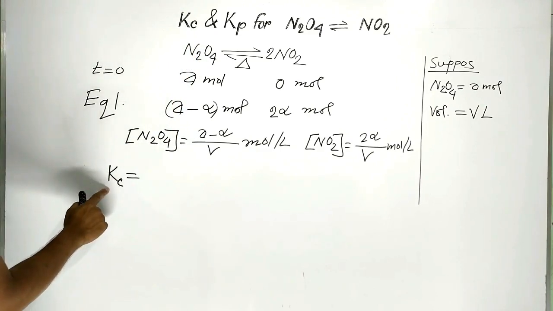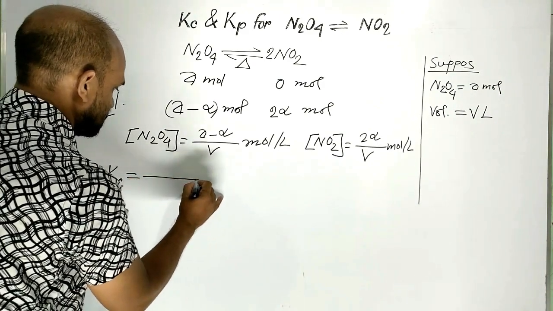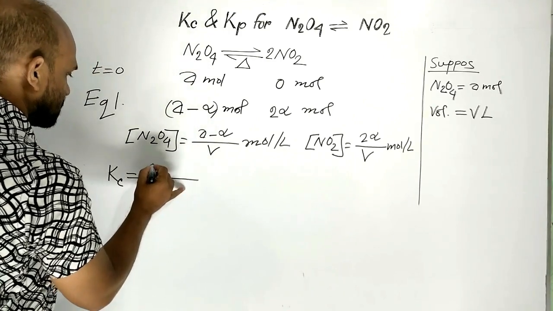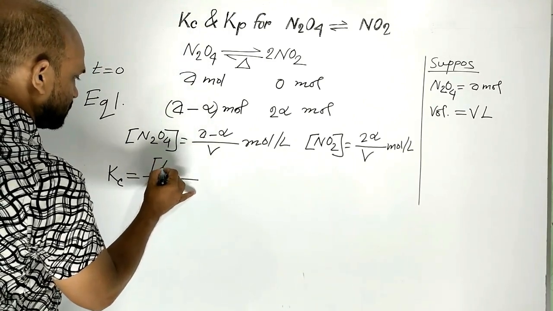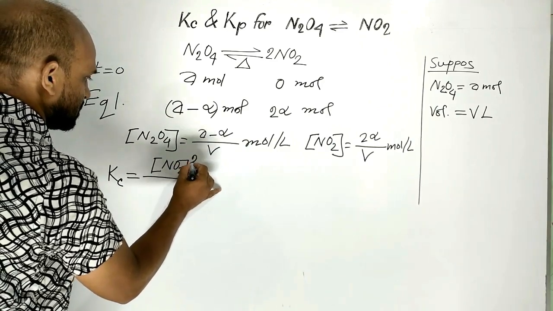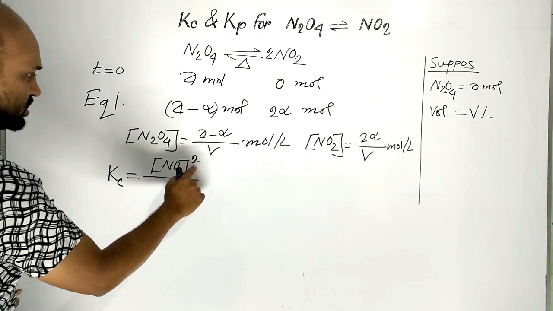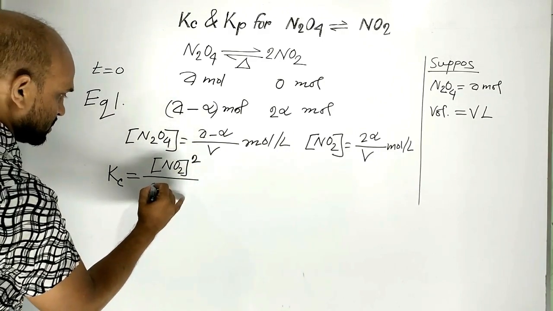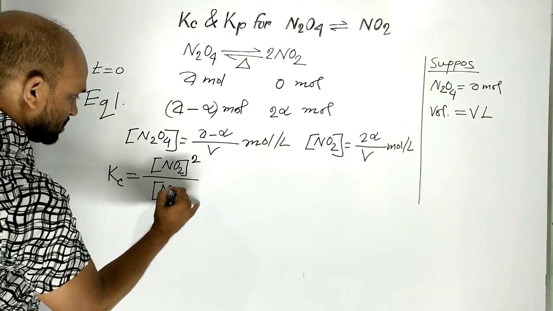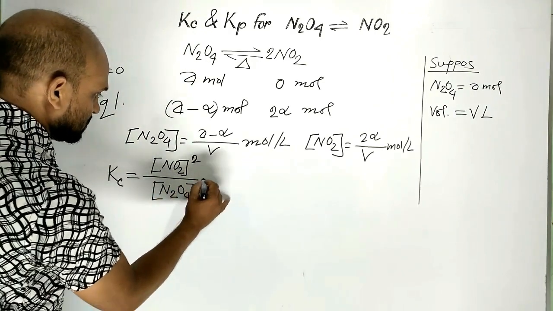Now let us see Kc for this reaction. Kc, equilibrium constant in molar concentration. Kc is equal to, we can write according to the law of mass action, concentration of nitrogen dioxide, here this coefficient 2 will be used as power, divided by concentration of the reactant, dinitrogen tetroxide.